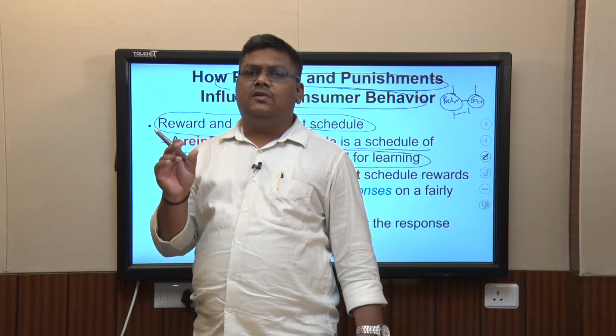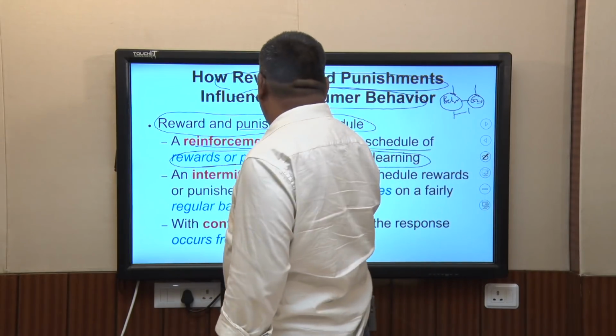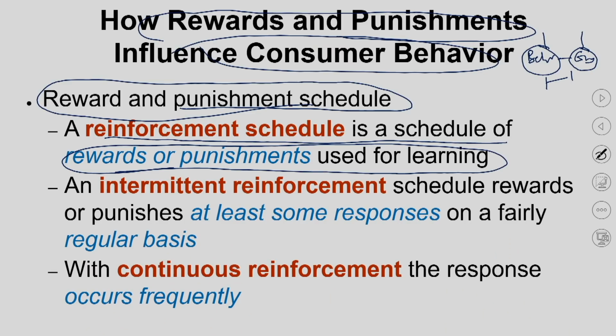We use something called an intermittent schedule. So you have fixed ratio, fixed interval, variable ratio and variable interval, 4 different kinds of schedules. You can look it up: the fixed interval type, the fixed ratio type, the variable interval type, and the variable ratio type.